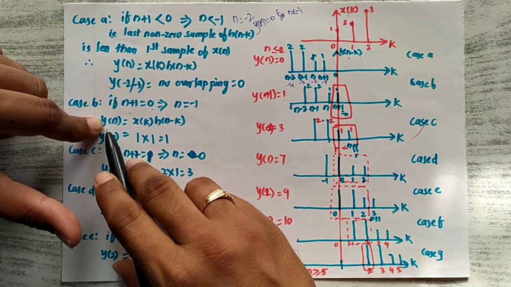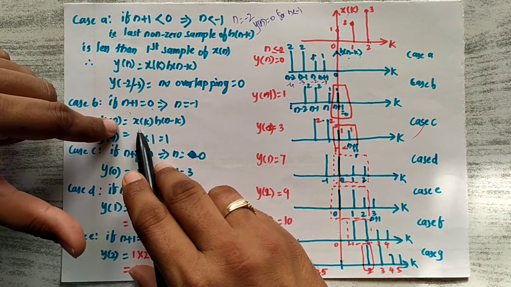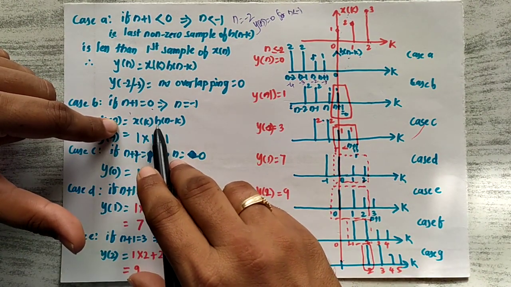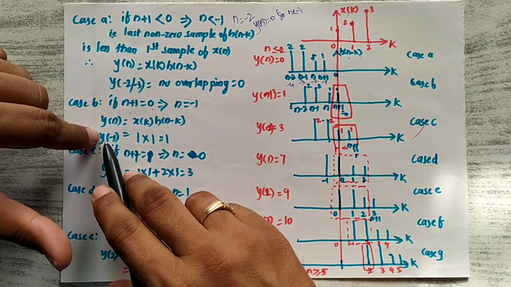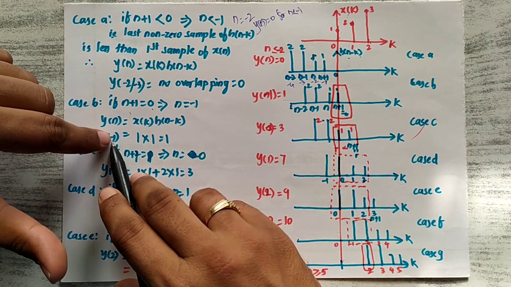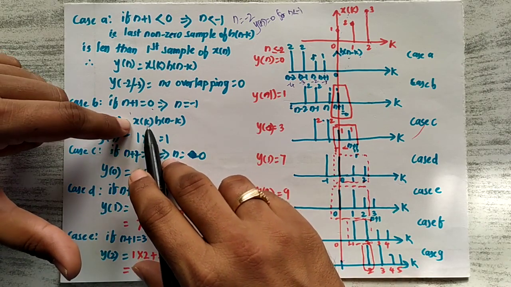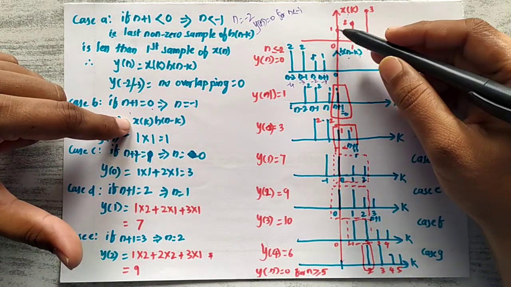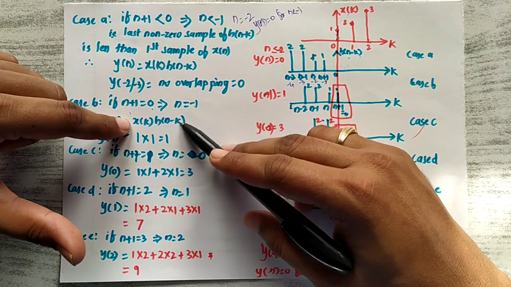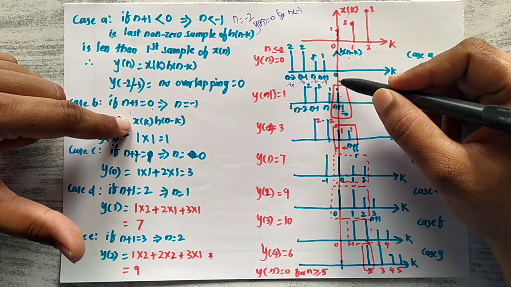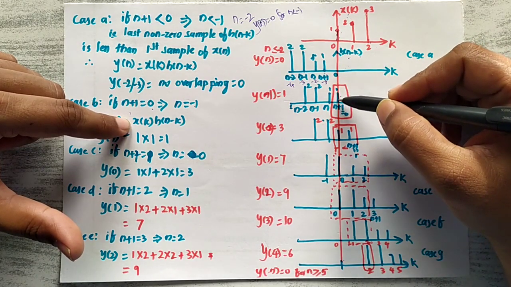So here you can say y of n is equal to h of k, x of k, h of n minus k. This is the representation, right? So what I am observing, y of -1, तो उसके लिए क्या होगा? x of k क्या होगा? यहाँ पे x of k, यहाँ पे एक रीजन है, at 0 I have 1 and at h of n minus k पे क्या हो गया? Because this also starts at 0, there is also signal.